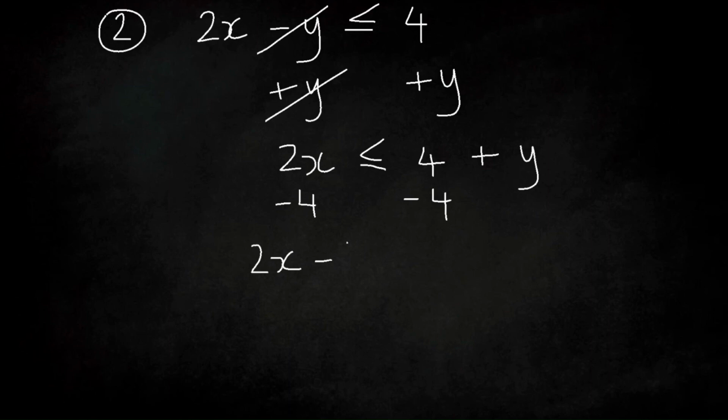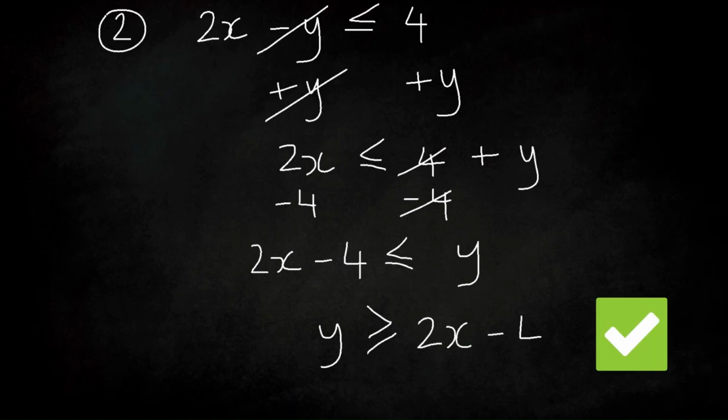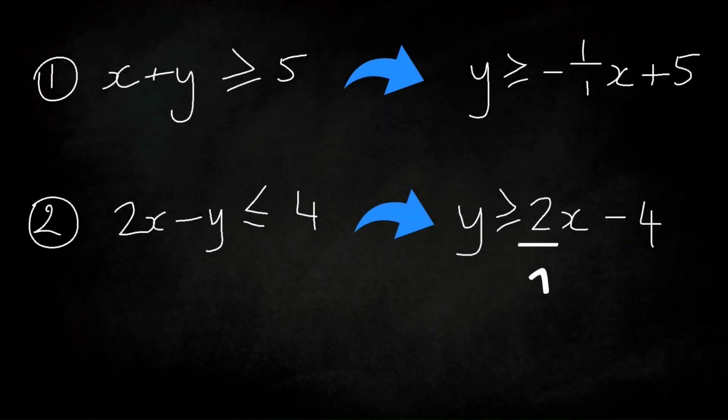Then we have 2x minus 4 is less than or equal to y. This is the same as y is greater than or equal to 2x minus 4. Now we have our system of inequalities ready. Let's graph them to get our solutions.